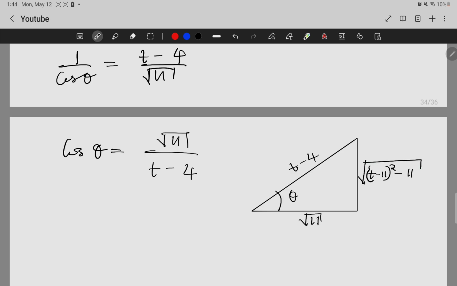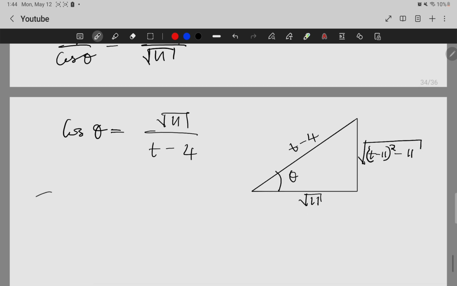So sine theta will have to be equal to the opposite, which is root of (t minus 4) squared minus 11, over t minus 4.